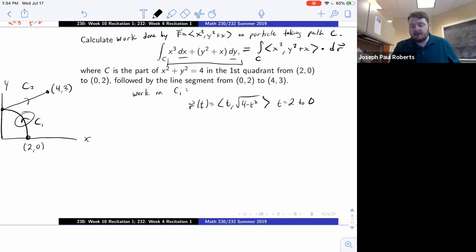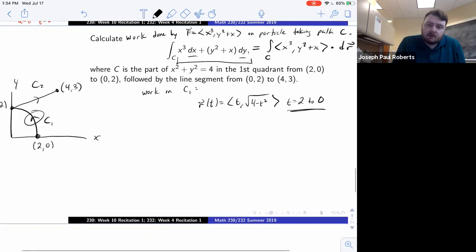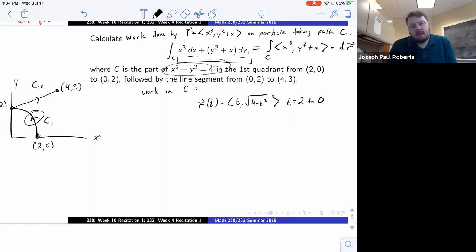So you have to make sure that when you trace out your curve, you're going in the proper direction. So you could do that, but again, that caused me to do extra work here. I had to play around and solve for y in terms of x, and then let x be t, and I don't want to do that work, first of all. Second of all, that square root is not going to be fun in r prime.